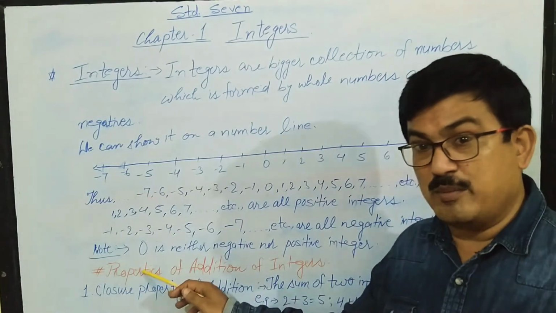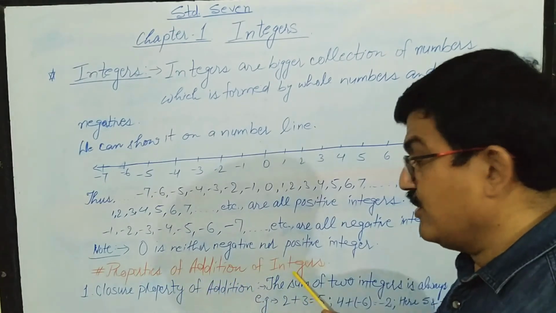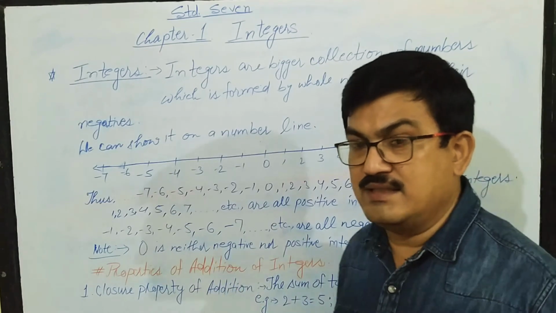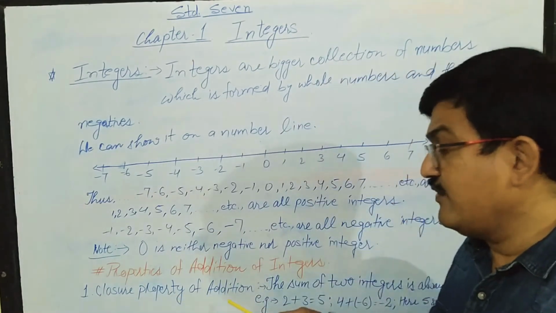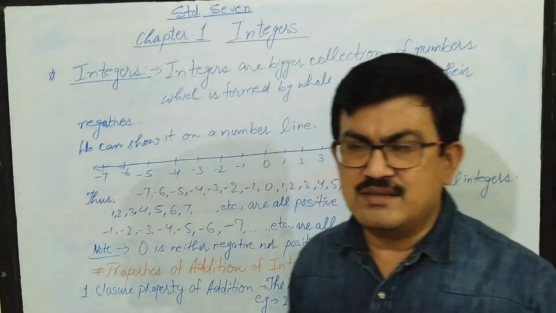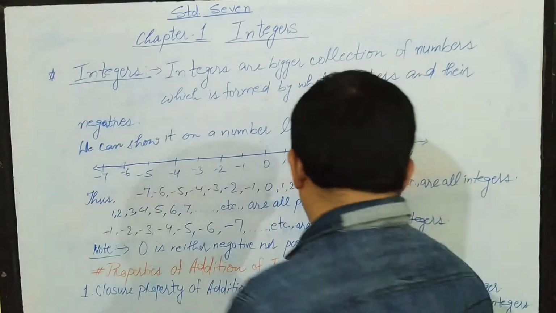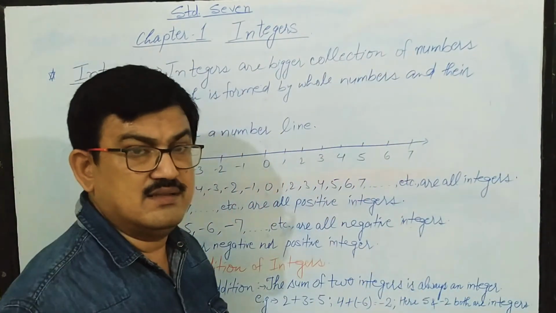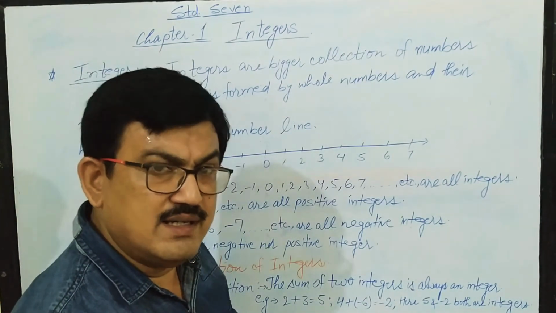Now it is about the properties, very important. Properties of addition of integers. I will start with addition. The first property is the closure property of addition. It means the sum of two integers is always an integer.